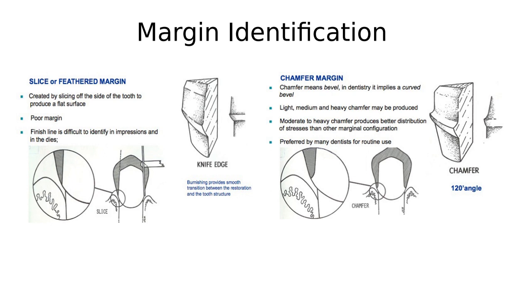And also there are indications for different types of restoration, what kind of margin should be used. So for instance, for all ceramic restorations, like we do in our class, the feather edge or the knife edge or the bevel is not recommended. And why is that?